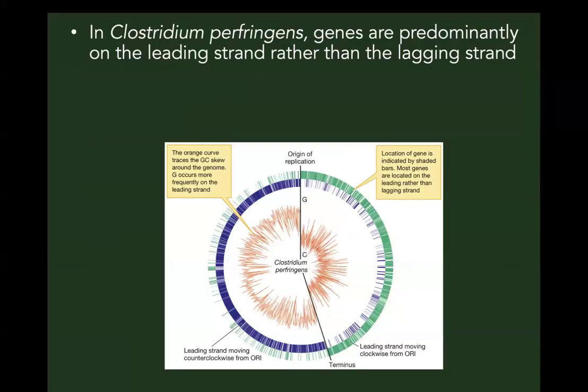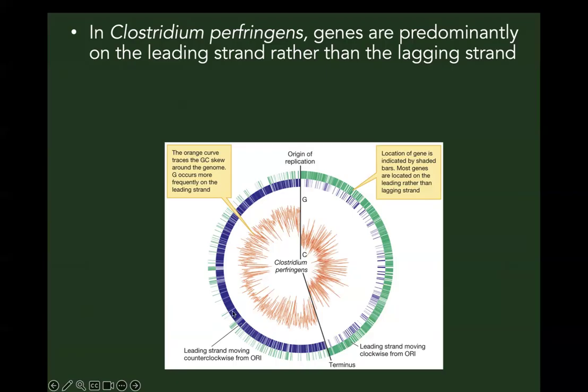So this is a picture of a Clostridium bacteria, and you can see that the genes, let's see, what do we got here? They're predominantly on the leading strand rather than the lagging strand. So this green part here is the leading strand, and then the inside part here is the lagging strand.